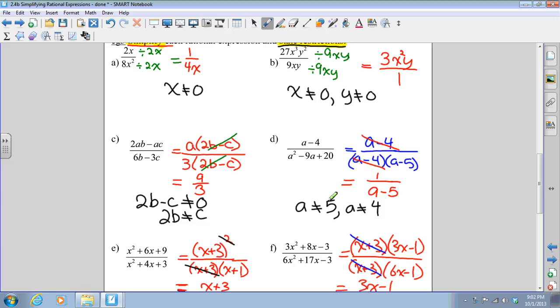And again, in order to do your restrictions, you've got to look at all possible factors, even the ones that get canceled out. And again, we'll learn tomorrow or next class what the difference is between a factor that gets canceled out and a factor that remains the same. So in this case, a cannot equal 5 and a cannot equal 4.